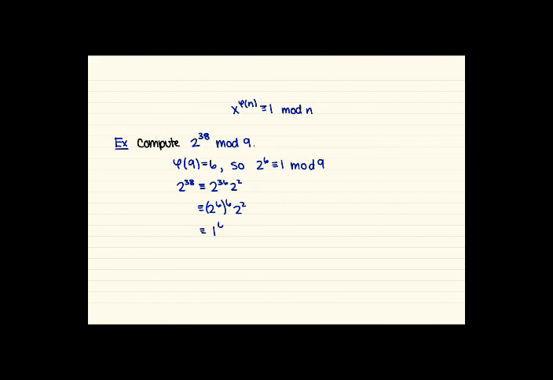So we've got 1 to the 6th times 2 squared. Sorry, this is all mod 9. And so then we just get 1 times 4. And so we end up with 4. So we can use this to compute large powers much more efficiently than trying to multiply out 38 2's here.